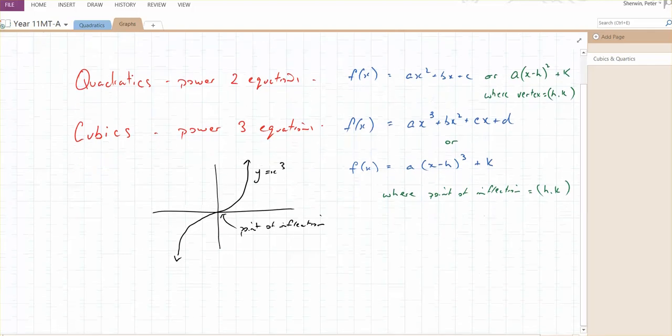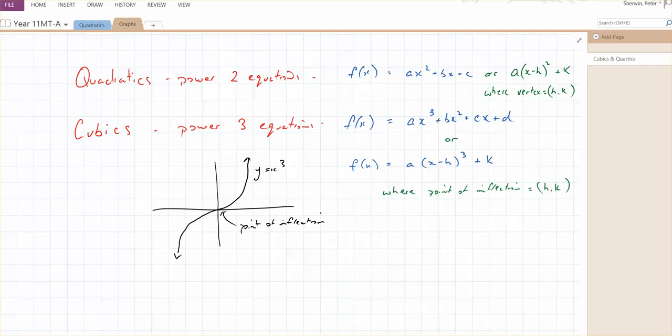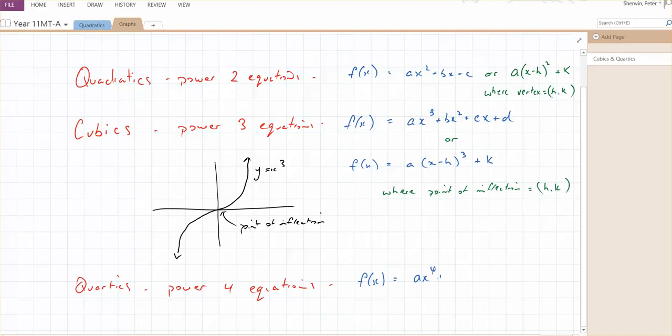Okay, while we're on a roll, we'll talk about quartics as well, which are power 4 equations. They look like, unsurprisingly, ax to the power of 4 plus bx cubed plus cx squared plus dx plus e. Alright, that's enough of that.